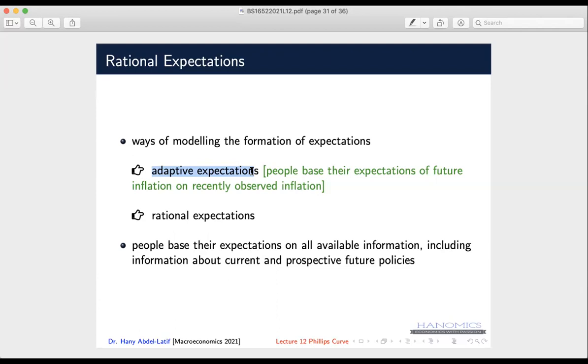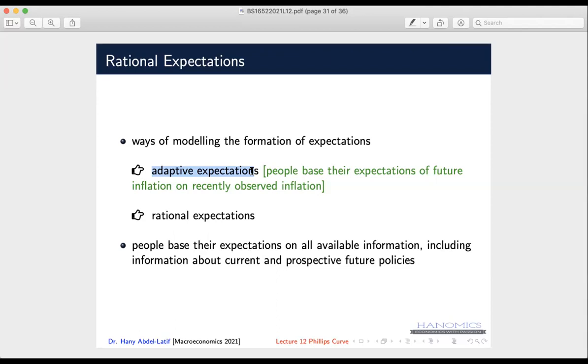But rational expectations suggest that people base their expectations on all available information, including information about current and prospective future policies. So basically, it's not just pi t minus 1, but also any changes in policy or any expectation about policy changes in the future. They factor this into their expectation about inflation.